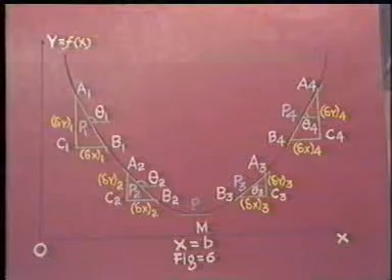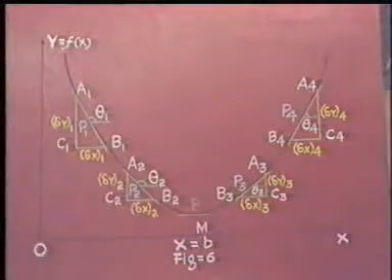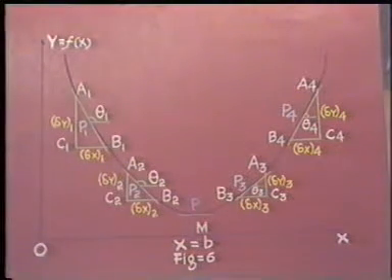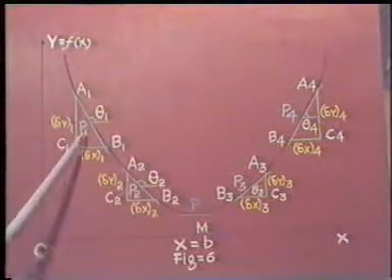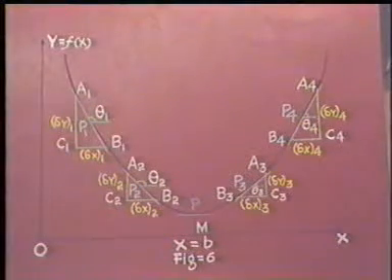Similarly, we can find out the conditions for y having minimum value at x equal to b. The graph of y versus x is shown in figure 6. Let us consider 4 points P1, P2, P3 and P4 on this curve.